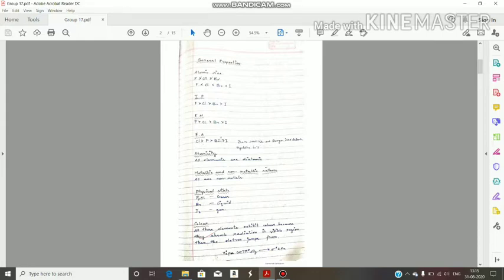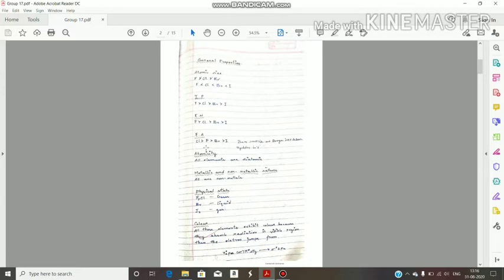This is a very important question. Why does fluorine have less electron affinity than chlorine? This is a very important 1 mark question. For that, 2 reasons are there. First one is due to small size, and the second one is stronger interelectronic repulsions in fluorine.